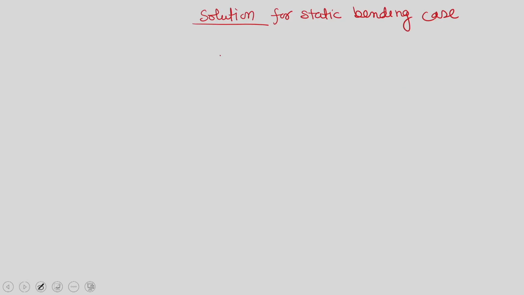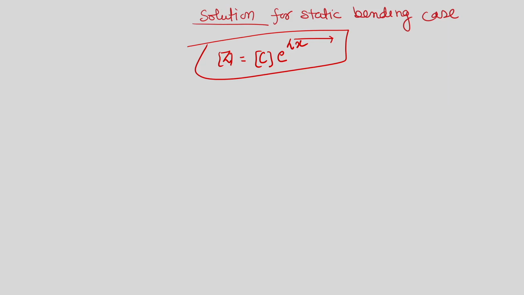As the standard solution, let us say Z, any variable, can be written as C, any matrix, e raised to power of lambda x, where lambda I will explain later on.